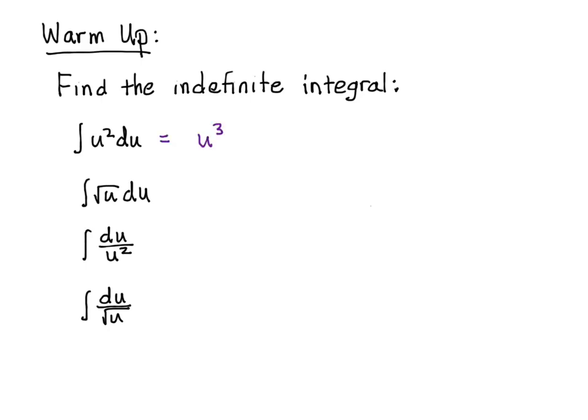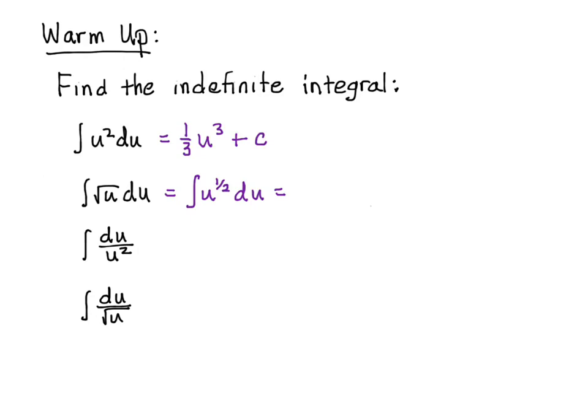So for the first one, we see that we just have u squared, so we'll increase the exponent by 1 and get u cubed, and then we take the reciprocal of 3, which is 1/3, and that becomes the new coefficient. And then, as always with indefinite integrals, we add the plus c. Now, with the square root of u, the second one, what we first should do is put it in exponential form.